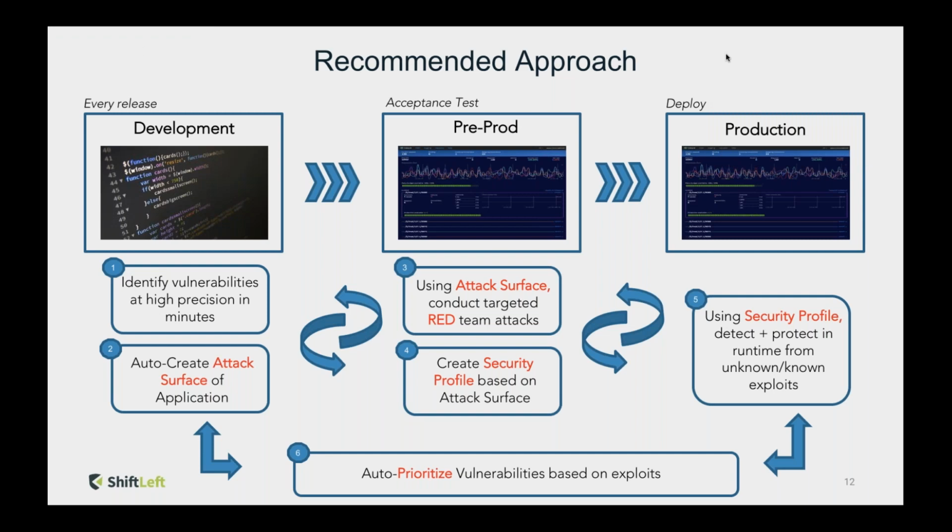Note, conducting targeted attacks helps in prioritizing vulnerabilities. The following step is to create a security profile based on the attack surface. This profile informs every subsequent step of what are the inherent weaknesses in your application that need extra attention.